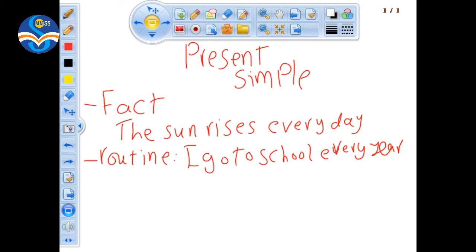Third thing is the habits. What do we mean by habits? Habits mean the things that you are used to doing, and it's totally your own decision if you would like to change it or not. Like I wash my face every day. No one forces you every morning to wash your face. It's your own decision. It's your own choice to change this or not.